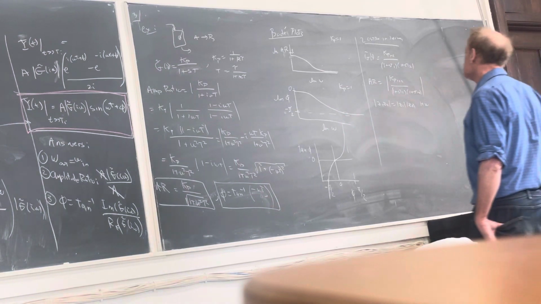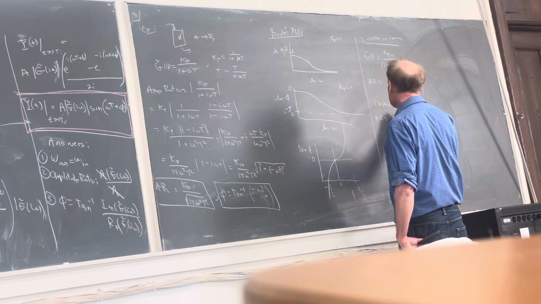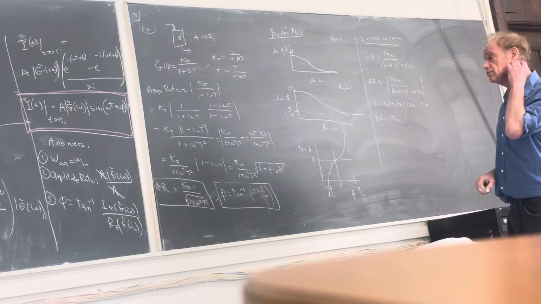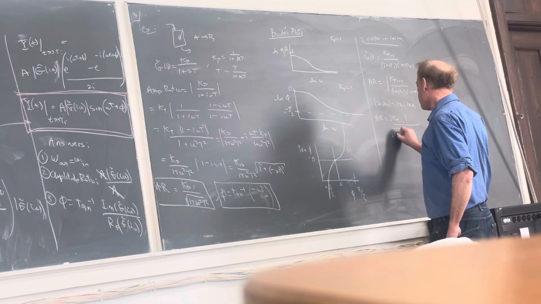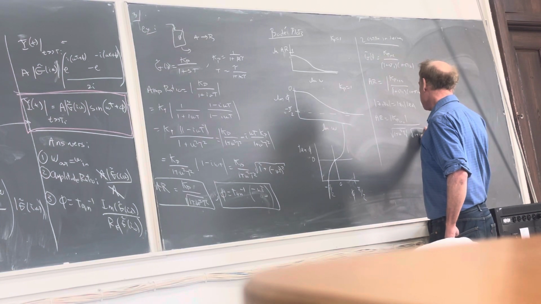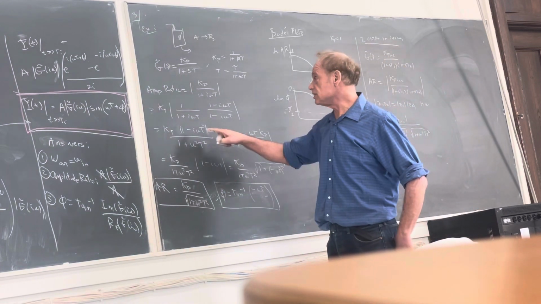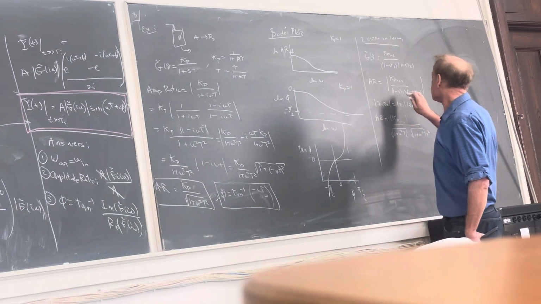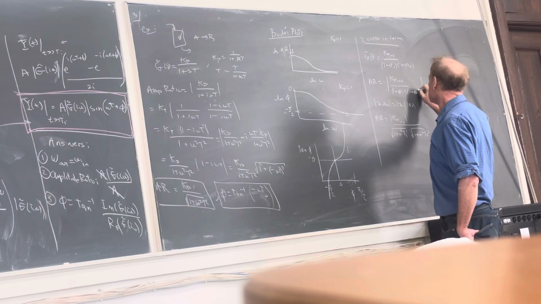So as a result, the amplitude ratio is the magnitude of KP 1 plus 2 times 1 over the square root of 1 plus omega squared T1 squared, times the square root of 1 plus omega squared T2 squared. It's just 2 of these, because each one of these, the magnitude of, so this is I omega, and this becomes I omega.